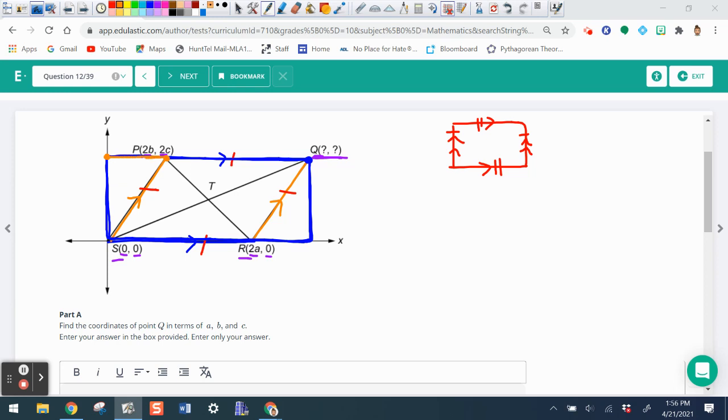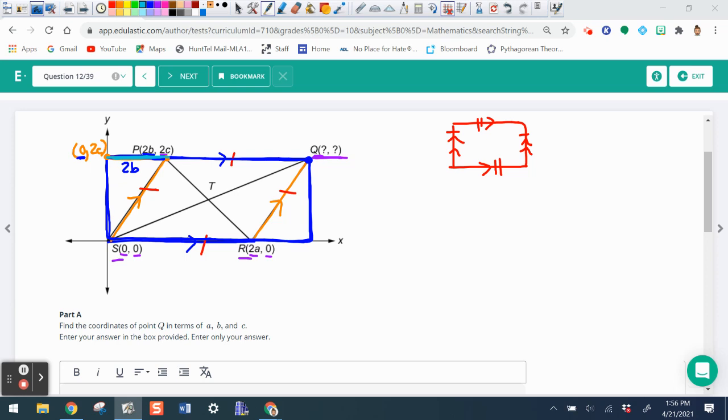If we're dealing with a horizontal line, our y value is not going to change. So this point would be (0, 2c). The distance between these two points is just the change in our x value, 0 to 2b, and 2b minus 0 is simply 2b. So the distance here on a rectangle is 2b.